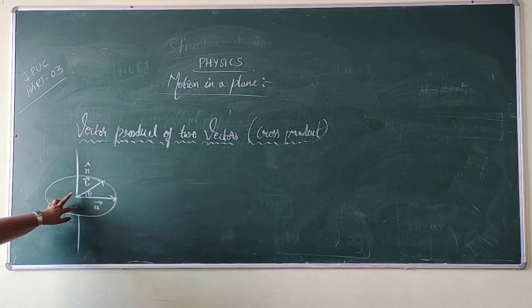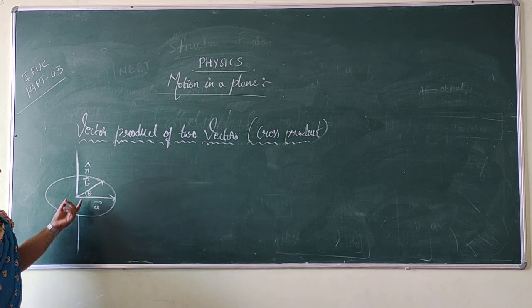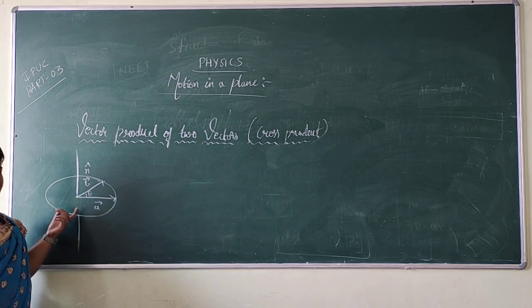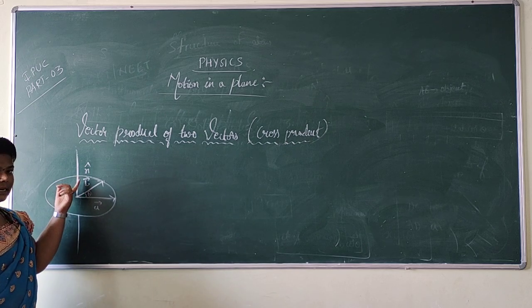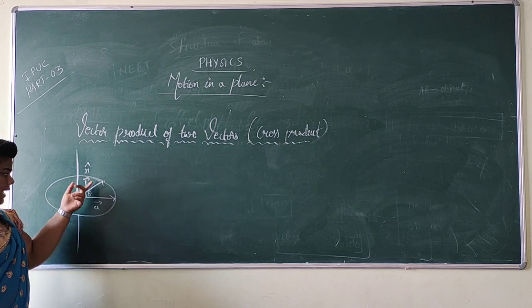Then how do we define the vector product, or the cross product, of these two vectors? You can observe that the unit vector is perpendicular to the two vectors A and B. I am just repeating.